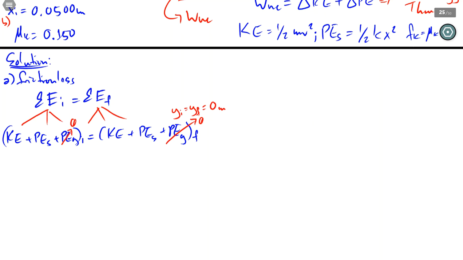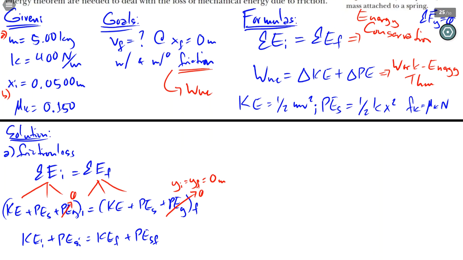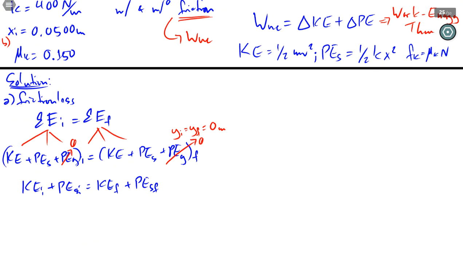And so we're just left with more terms that will go away from this as well. Because before, and actually that should be part of the given, right? It starts off at rest. Because rest.